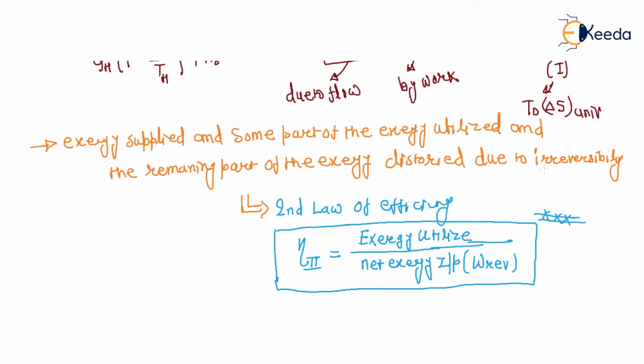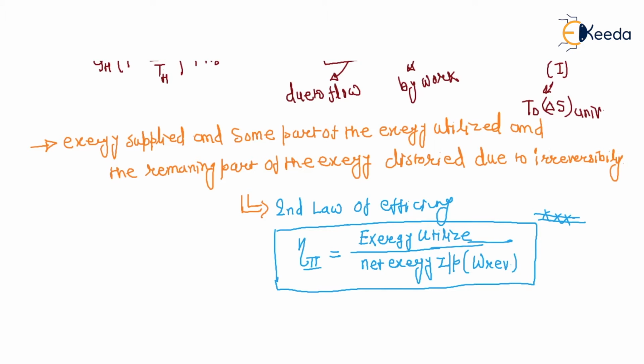If the process is reversible, then it follows the analogous conservation of energy principle. The same energy is out as is in when there is no irreversibility.